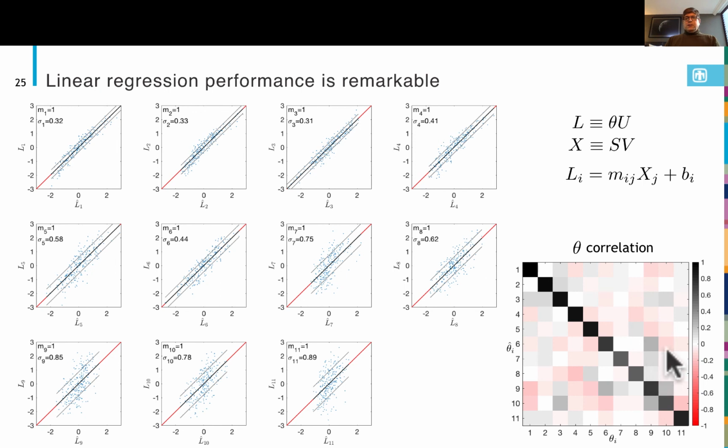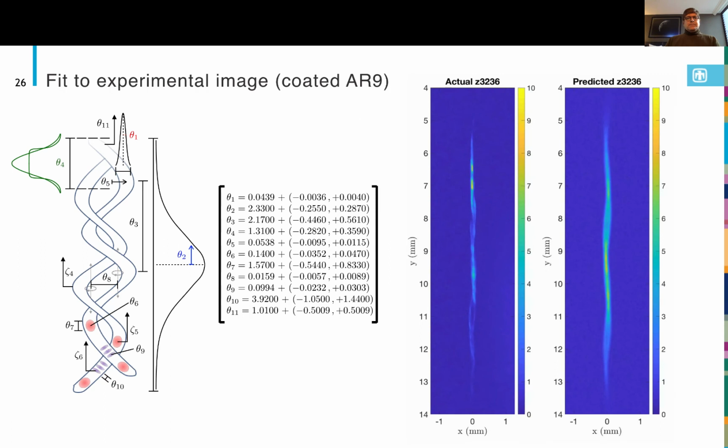And also you can see the correlation matrix. This is going back in the theta space, and you can see, for instance, between 9 and 10, there's a little bit of confusion, or they end up being correlated in terms of their estimates. This shows, given an experimental image here, we're able to estimate the thetas with uncertainties.